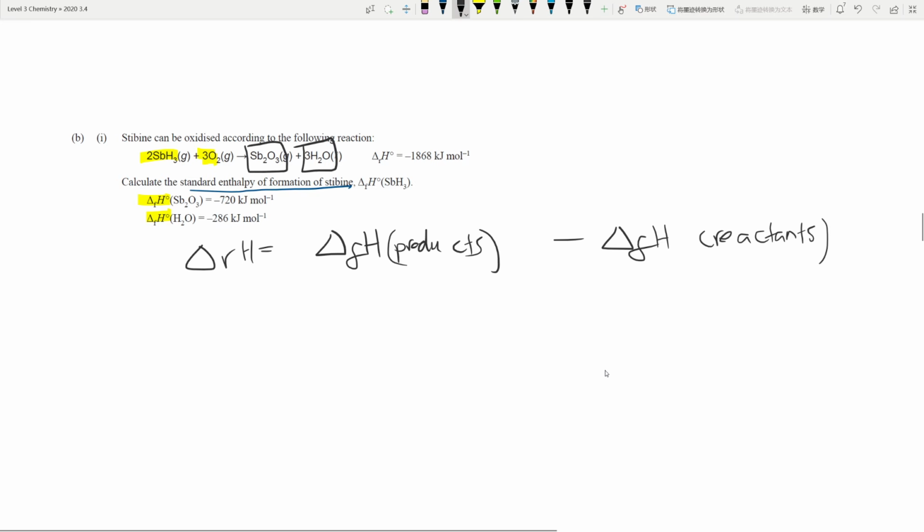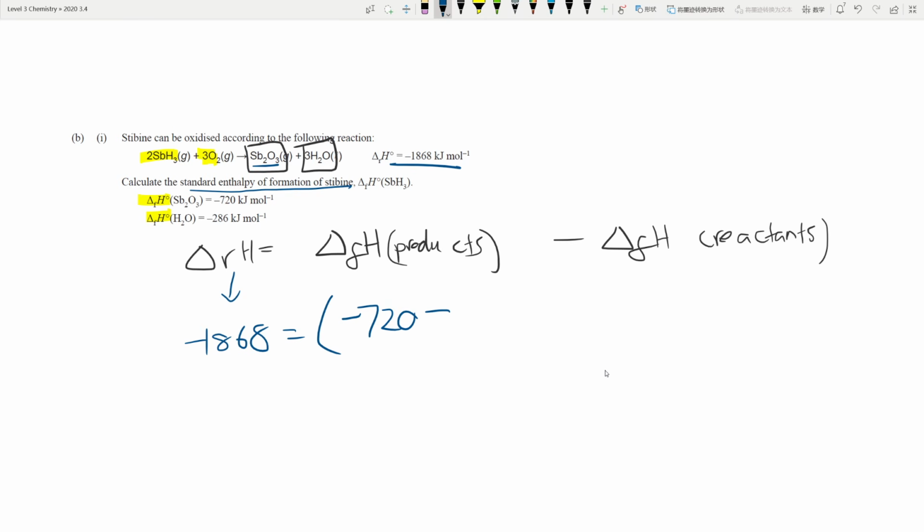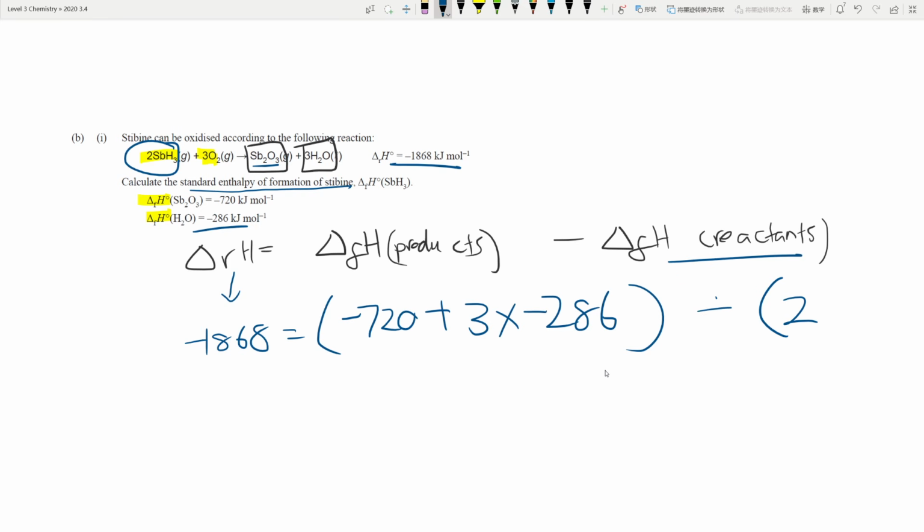So what numbers do we know? We know this number is right here, -1168, the enthalpy of the reaction. Products is going to be Sb2O3, so that's -720 plus 3 times -286. And then my reactant is just 2 times SbH3, but I don't know what that is because that's what I'm trying to figure out.